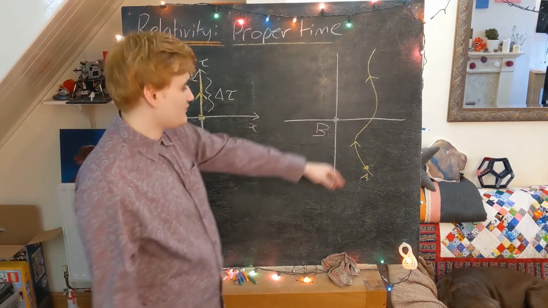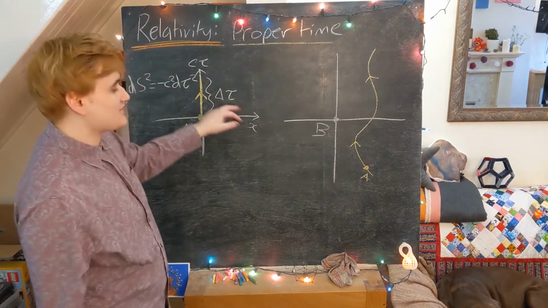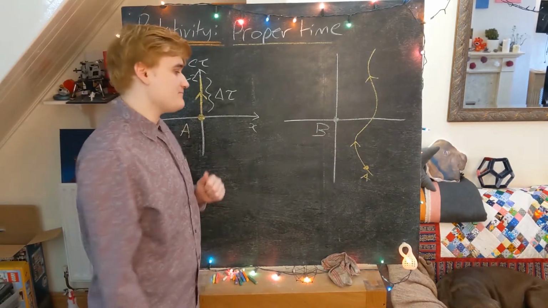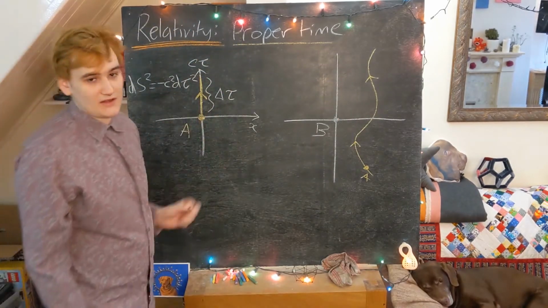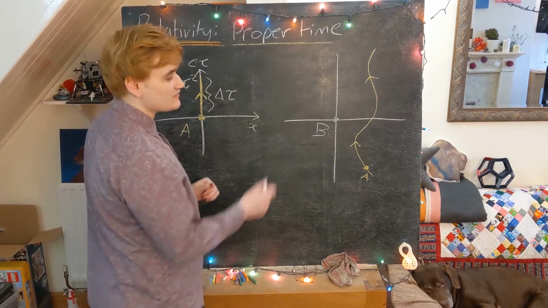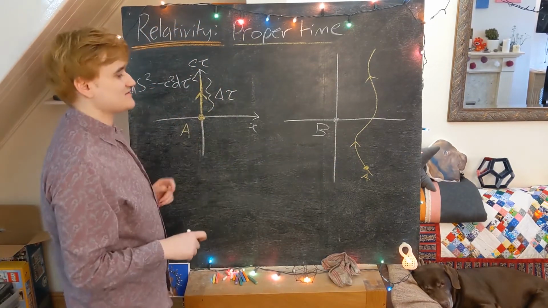But now if we look at how that length is going to appear in this other frame, well, this world line is no longer straight. If you like, it has some small components that point along delta x and delta tau.